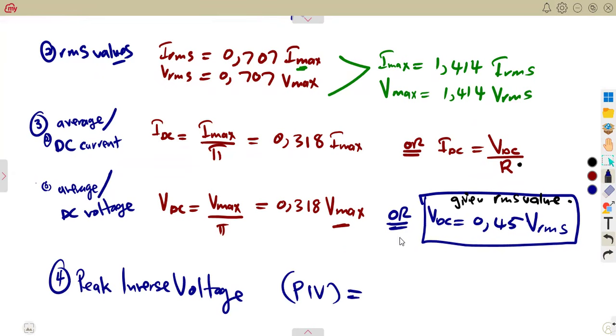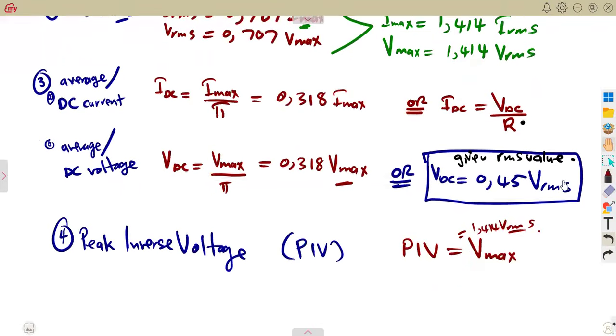The peak inverse voltage, guys, for a half wave is simply equivalent to the maximum voltage, your Vmax, the Vmax that you calculated. So it is simply 1.414 of VRMS. That's your maximum value. You just need to calculate the maximum value in that case.